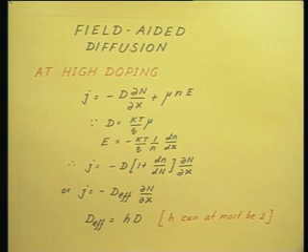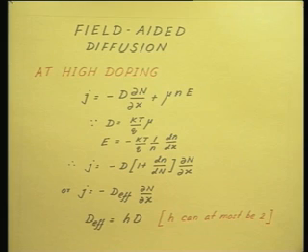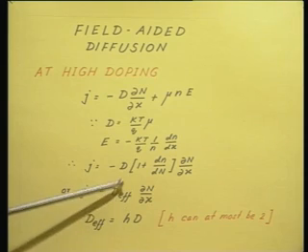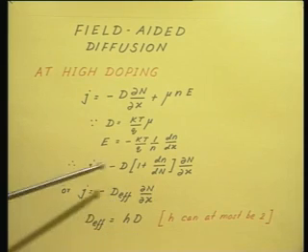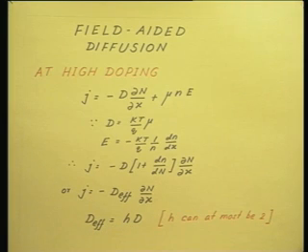So, if I take this field aided motion of the impurity ions, then the flux will be given by minus D effective del n del x, where D effective is HD. H can at most be equal to 2, and this H is called the field enhancement factor or field aided factor.